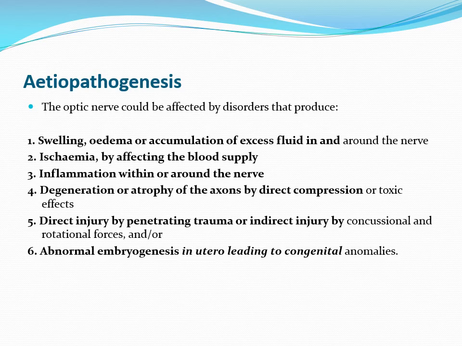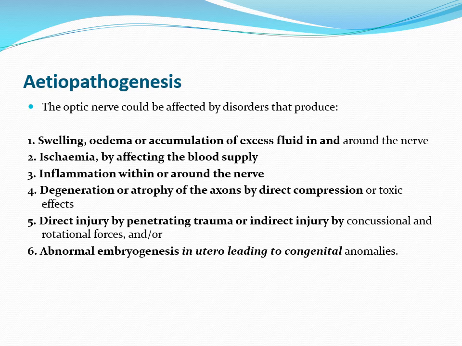Now, what are the different etiopathogeneses of optic nerve diseases? This will tell you what we are going to learn in future lectures in this series. The first problem with optic nerve disease is swelling or edema, or accumulation of excess fluid in and around the nerve.